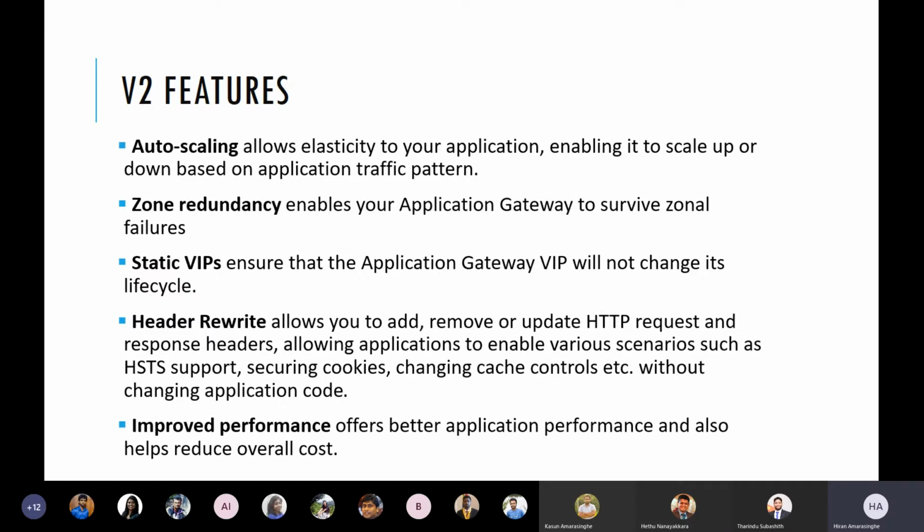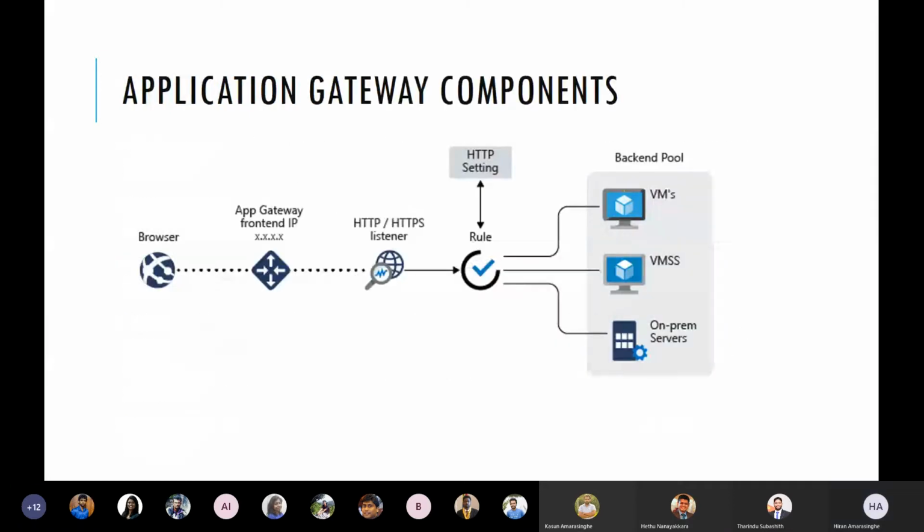Now, first of all, this is the structure, the main components, the building blocks of an application gateway. Starting from the browser, this belongs to the external side. There is always a front-end IP which sits in front to accept whatever traffic comes.